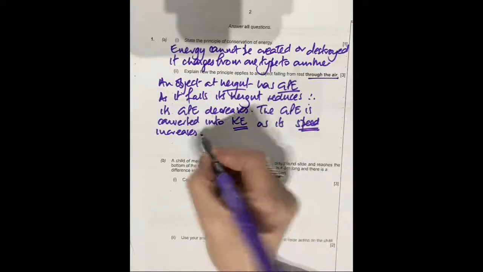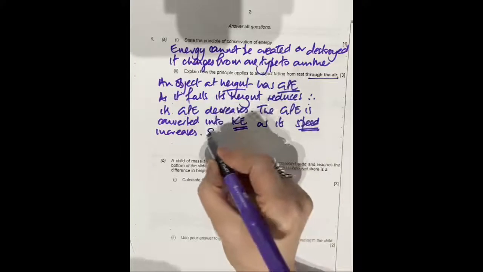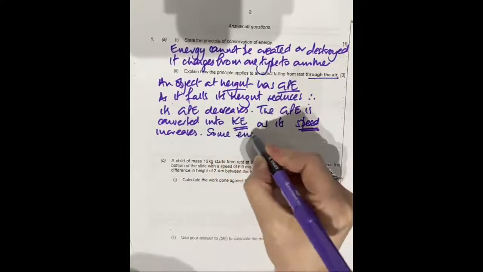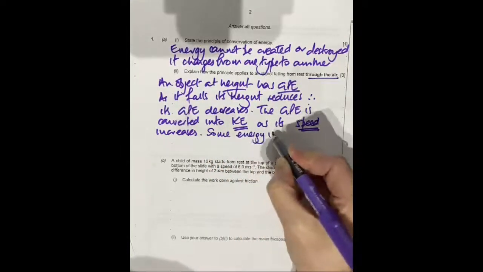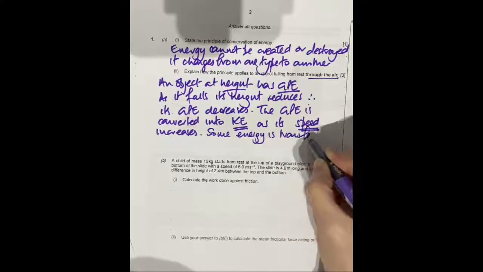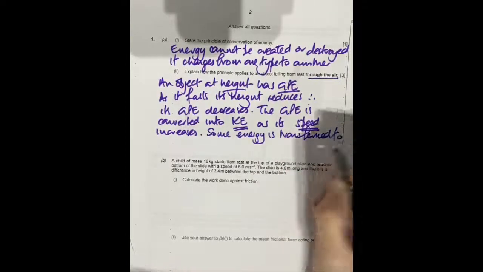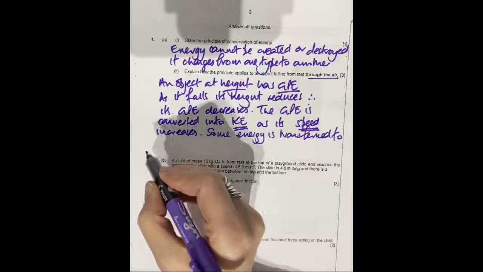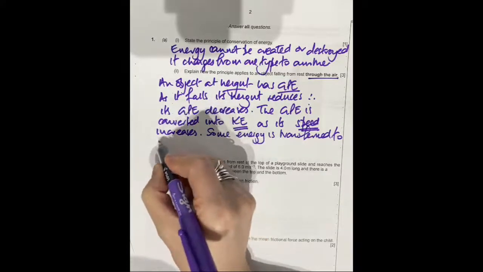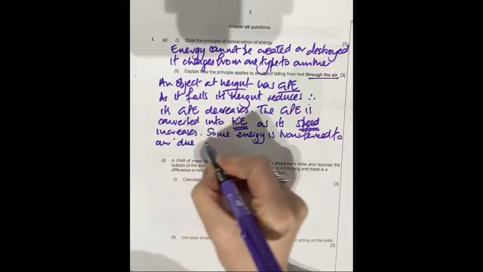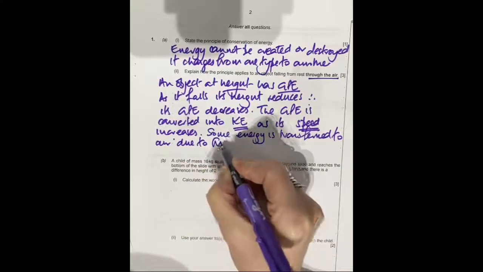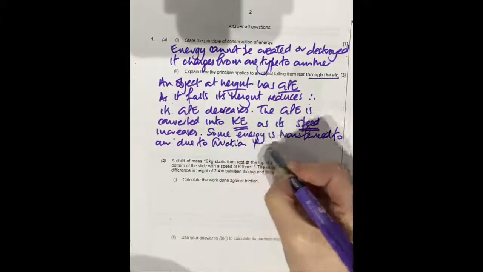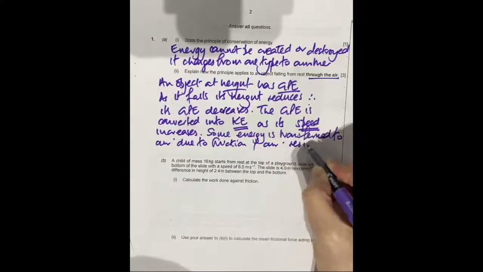All right, so for your second mark, some energy is transferred to the air due to, you could say, friction or air resistance.